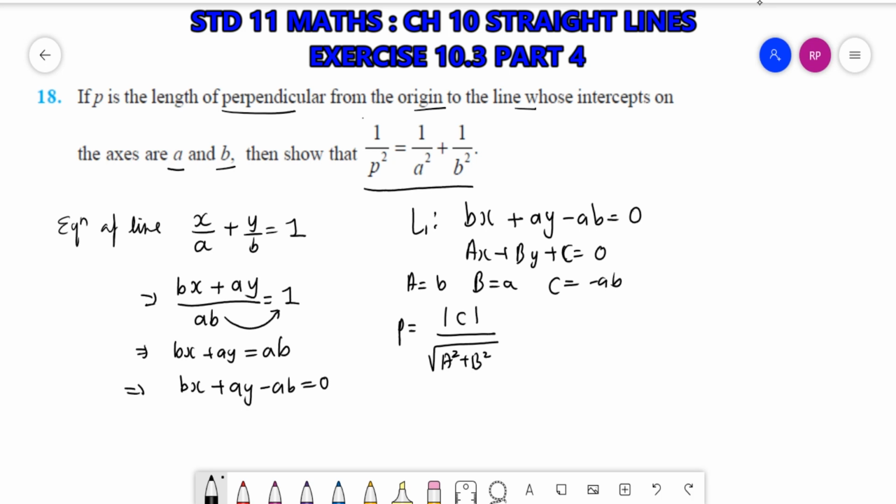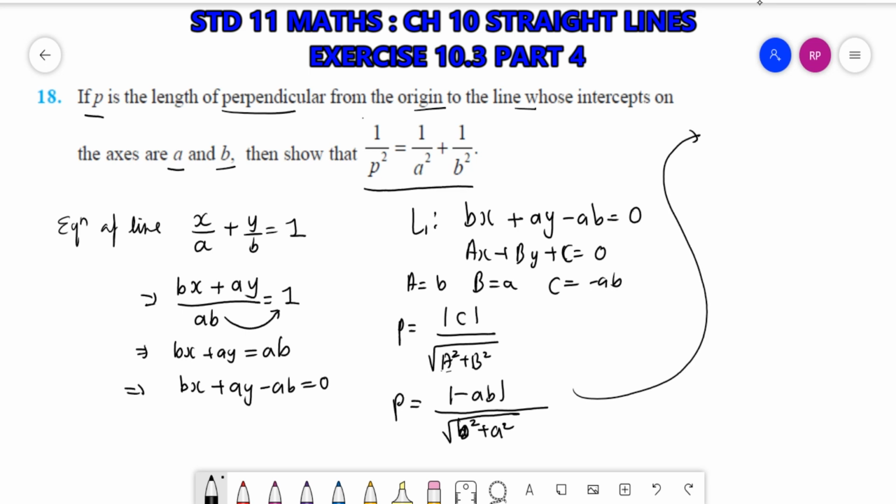Okay, now it is given that P is the length of perpendicular, so that is the perpendicular distance. So P will be equal to modulus of C, that is modulus of minus ab, upon under root of A square plus B square. Now what is capital A? That is b. So b square plus a square. Carrying it forward here. Now see, the thing that I have to prove requires P square.